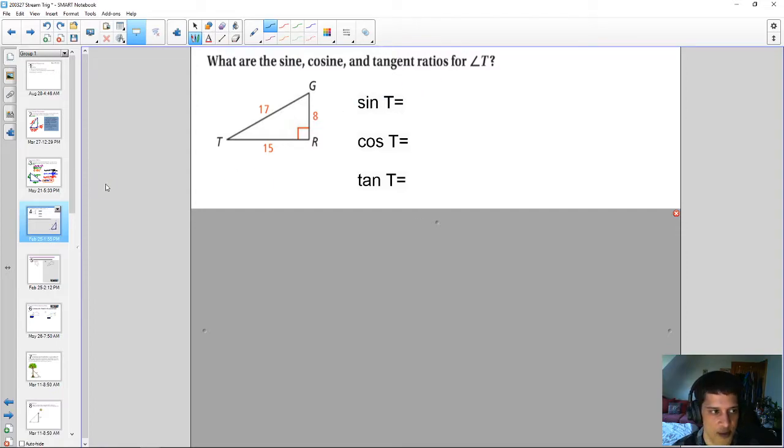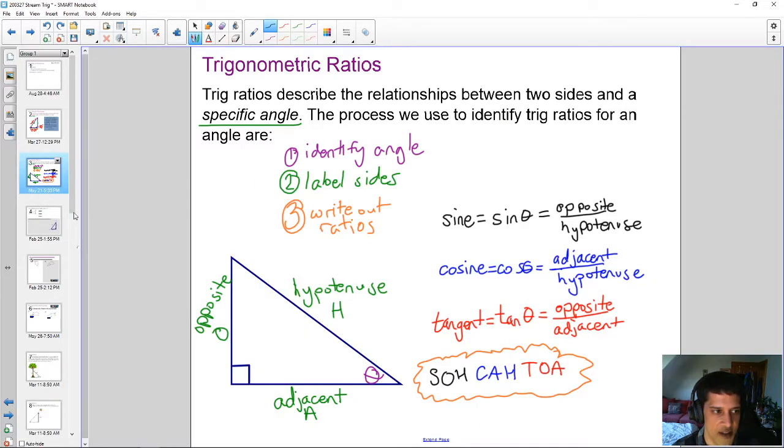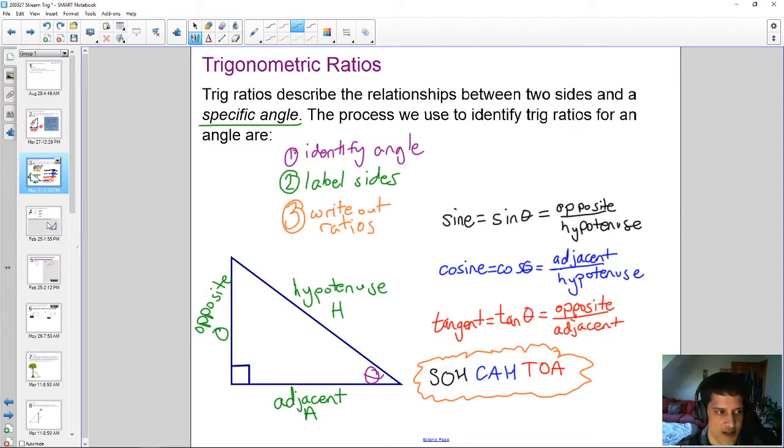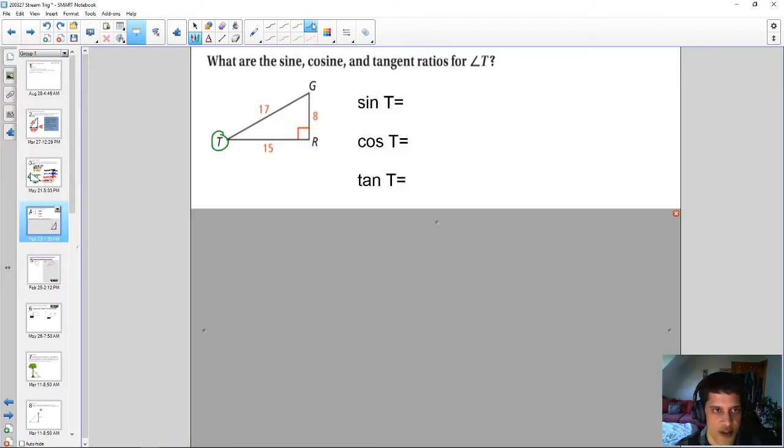So first step, as we remember, is we want to identify the angle. So T is right here, right? All right, T is right here. Let's do it in a different color. Let's do it in green. All right, angle T is right here. So now I want to do step 2, label the sides of our triangle. Hypotenuse is always across from our right angle.